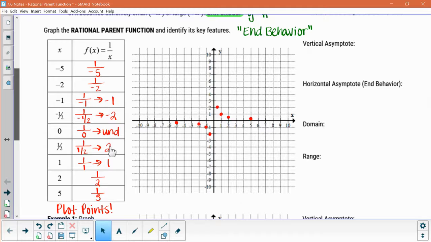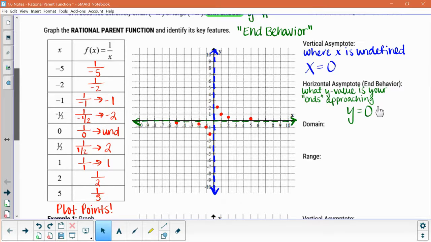And then I'm going to start moving into vertical asymptotes. A vertical asymptote is going to occur where x is undefined, and for us, x is undefined at 0. So that is where my vertical line is, meaning I cannot cross this line whatsoever. Now, horizontal asymptotes are a little bit different, because it is dependent on what y value the ends of your graph are approaching.